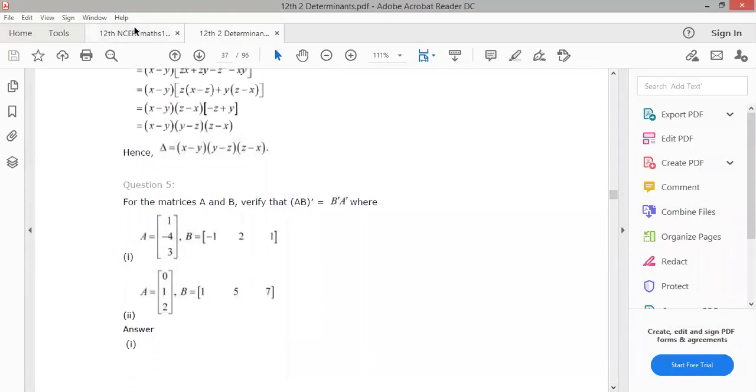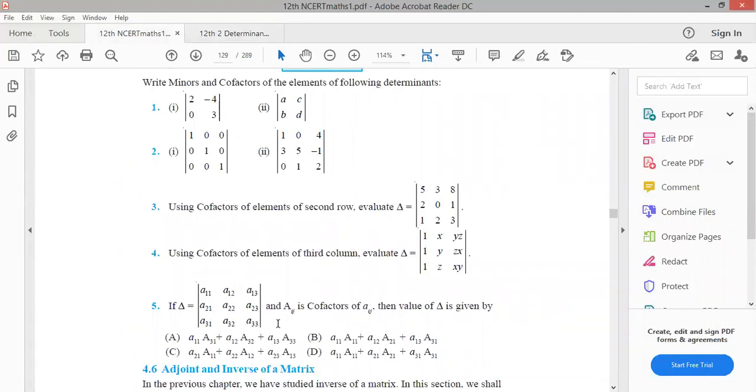Okay, the next question is question number 5. If del is equal to this and Aij is the cofactor of the element aij, then the value of del is equal to. There should be a correspondence of the multiplication, and then adding the quantities, we will get the value of the determinant.